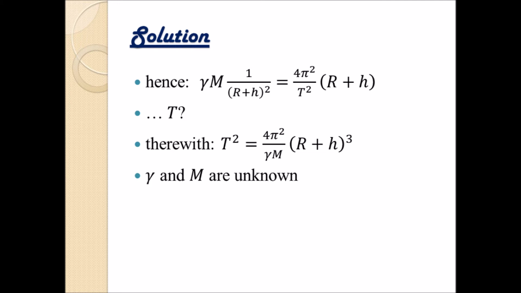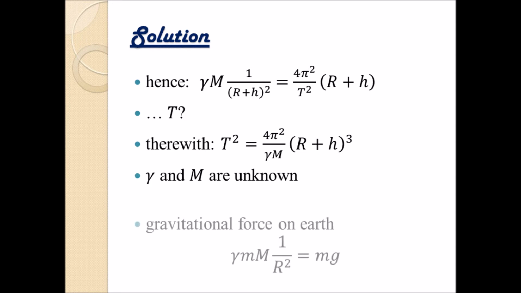What do we know about the gravitational force on the surface of Earth? Yes, we can calculate it with exactly the equation we've seen before. Gamma multiplied with the mass of the satellite multiplied with the mass of Earth divided by the distance of the satellite to the center of Earth, which is, if we're talking about the surface of Earth, the radius squared.